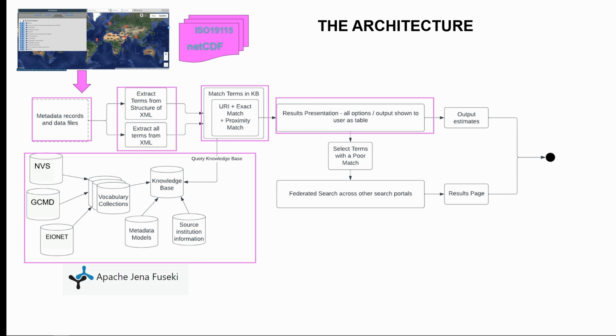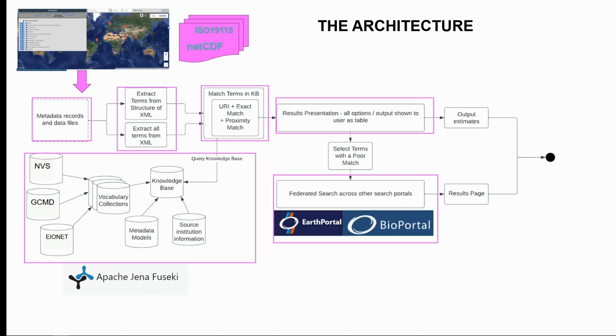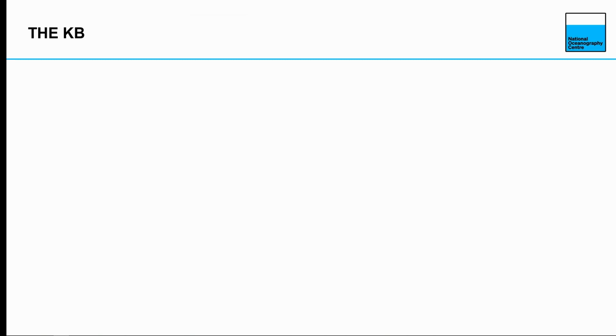The results are presented in a tabular format to the users, and when terms have not been matched to anything, we give the users a chance to use federated search across different search portals like the Earth portal and the Bio portal in order to be presented with more matches.